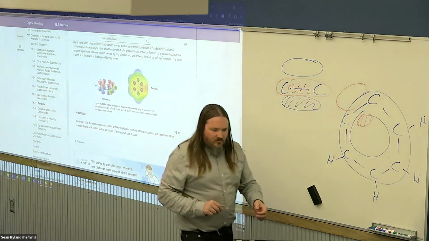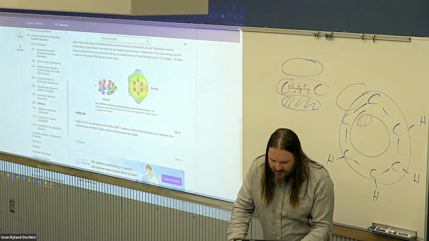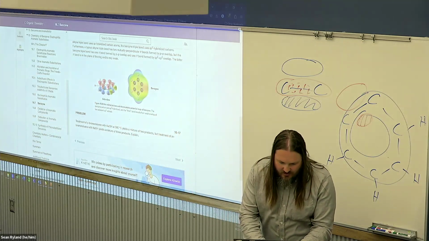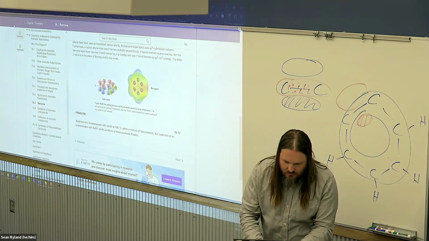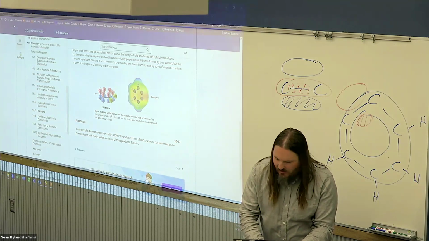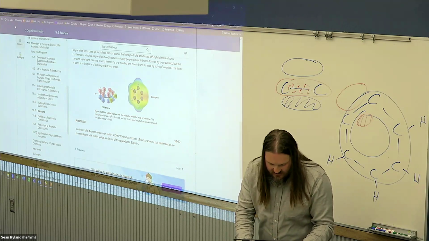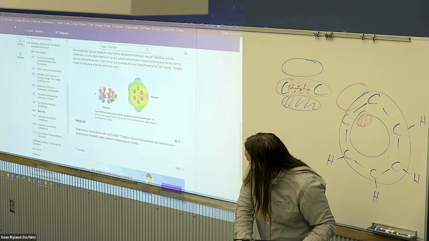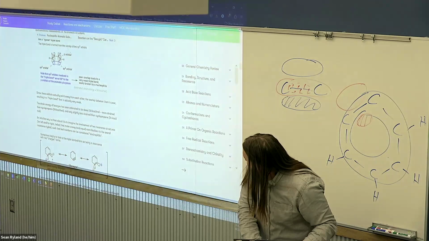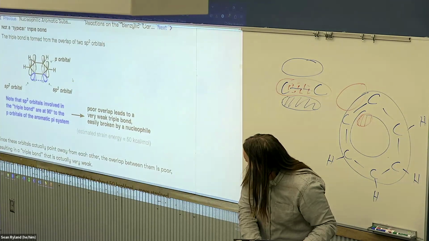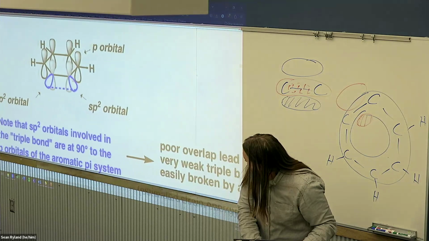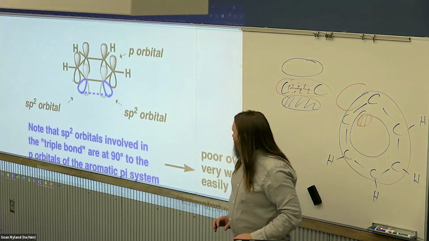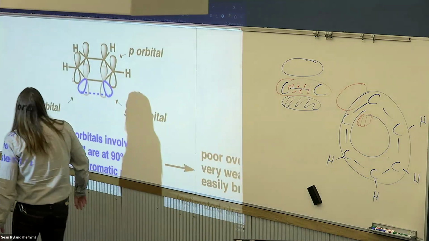And so nobody has one that's exactly what I was looking for. I don't remember the keyboard shortcut. And this one's still not entirely accurate because it says sp2 orbital.